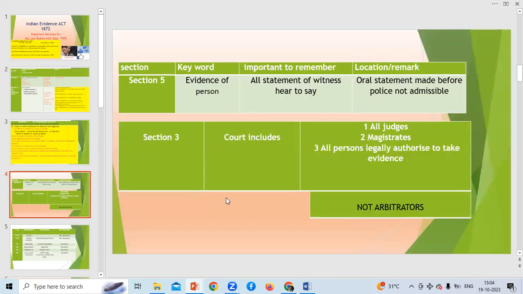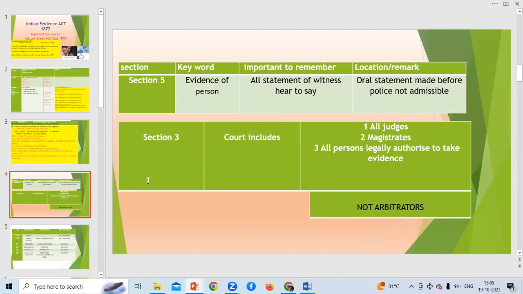Section 5. Evidence of person. All statements of witness here to say. So oral statements made before police are not admissible. Section 3 says court includes all judges, magistrates, all persons legally authorized to take evidence. It was a question asked in 2000, that 17th AIV.